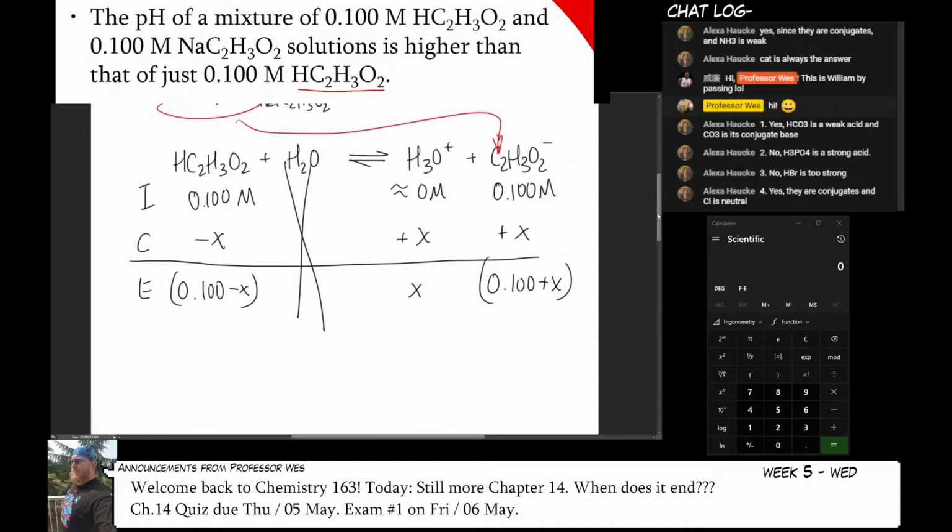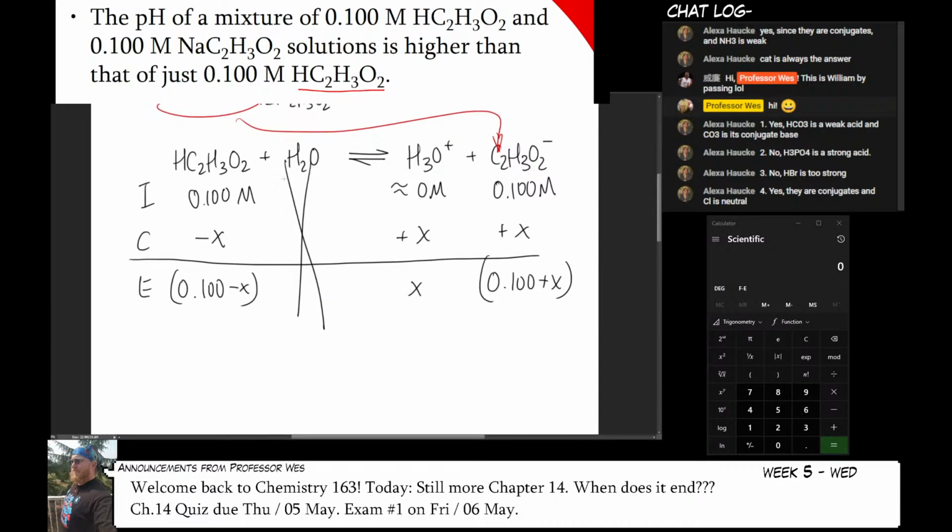So, since this is an acid dissociation, we could say Ka equals the hydronium and the acetate divided by the acetic acid. I don't know how to numbers today, I guess. There we go. And so that's just going to be this. It's not x squared anymore because I have this crazy term here.